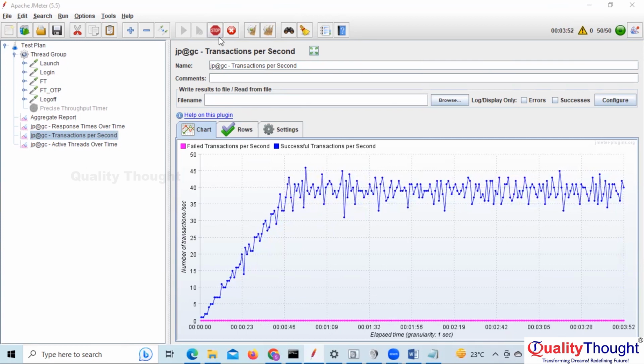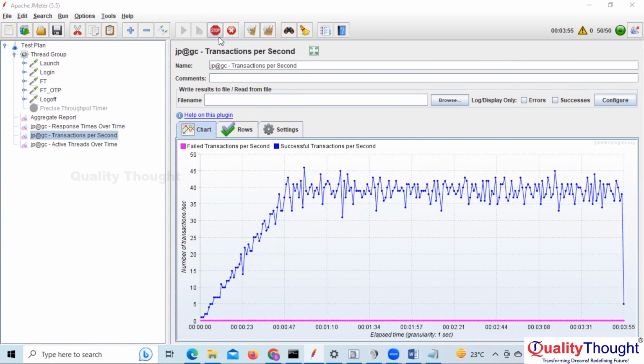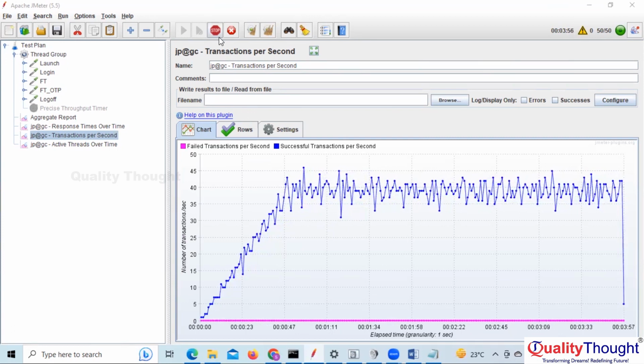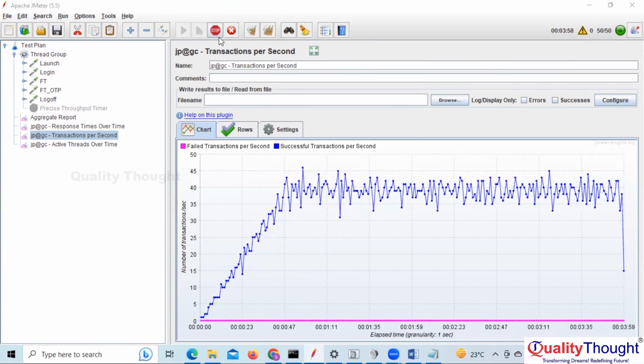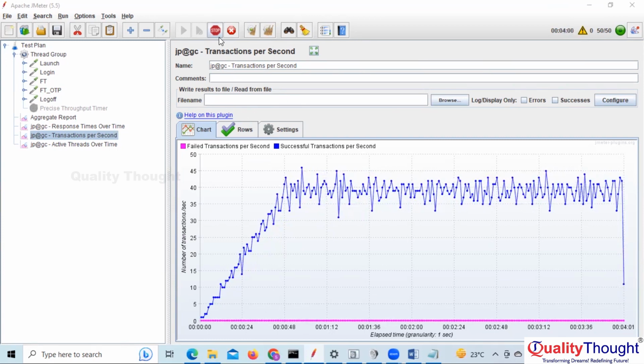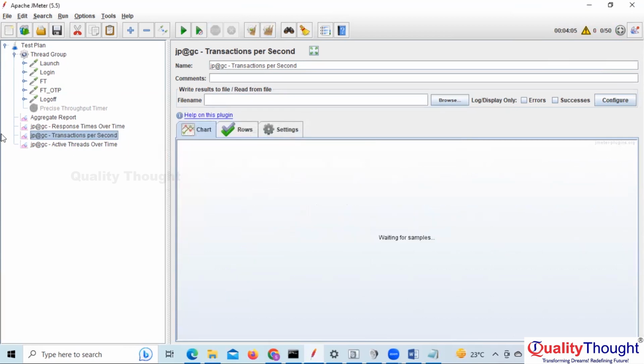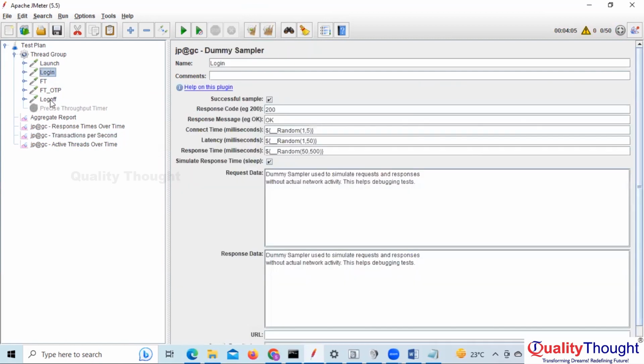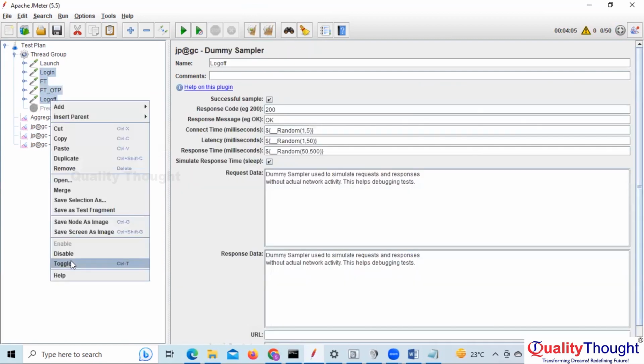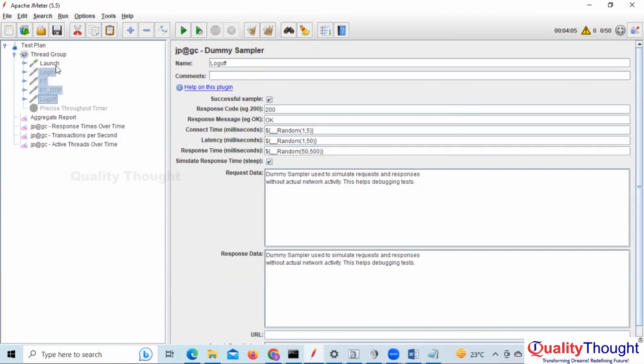Okay, okay, then okay. Shall we take the same search scenario and run and check? Yes. Search, right?